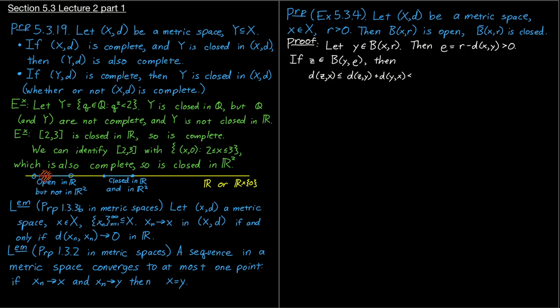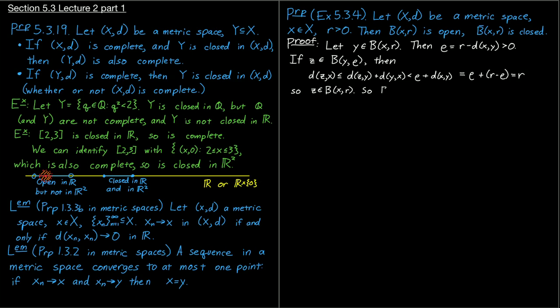This is less than rho plus the distance from x to y, which is equal to rho plus r minus rho, which is r. So we have that z is in the ball centered at x of radius r, since the distance from x to z is less than r.